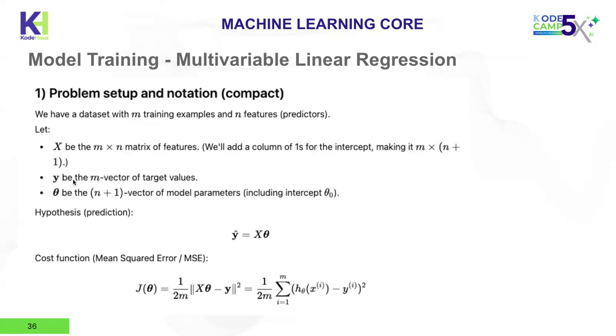And then the Y, which is the labeled value or the expected value or the true value, will be the same as the number of training examples or number of data points or number of samples. While the N is going to be the number of features, which corresponds to the number of coefficients, which corresponds also to the number of columns.